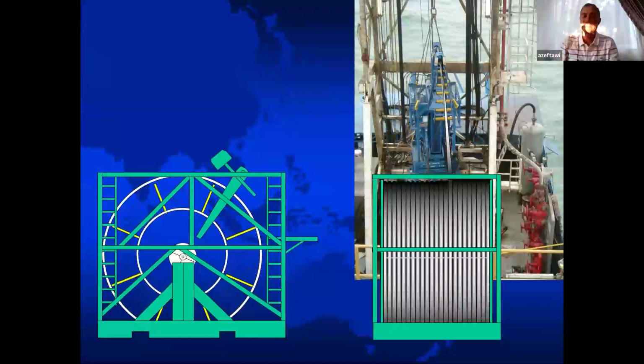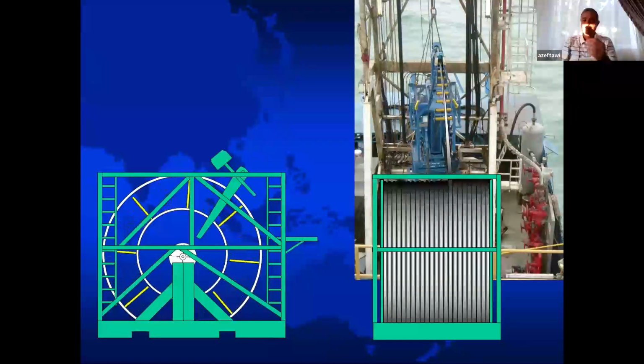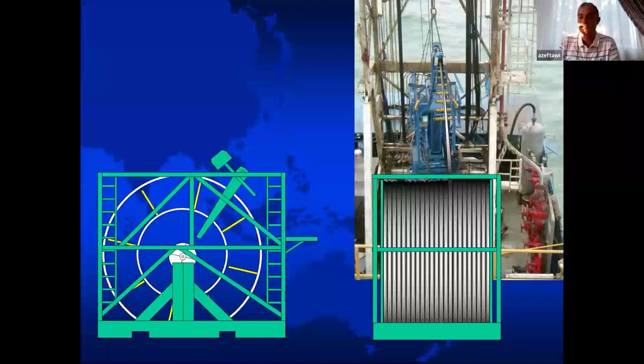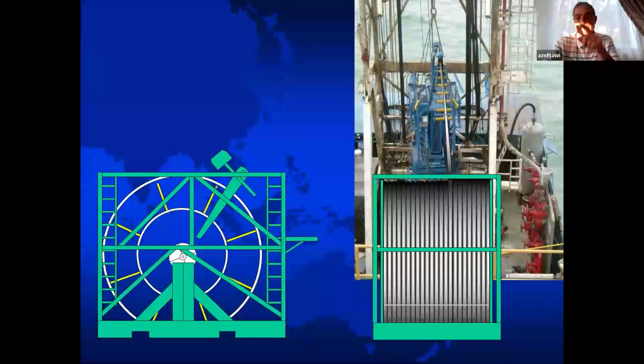If you didn't grease these rollers, they will not rotate. So what will happen? There will be friction between the pipe and these rollers. Who wins? The pipe wins, because the pipe is made of steel, while the rollers are made of polypropylene. So the pipe starts eating the rollers.